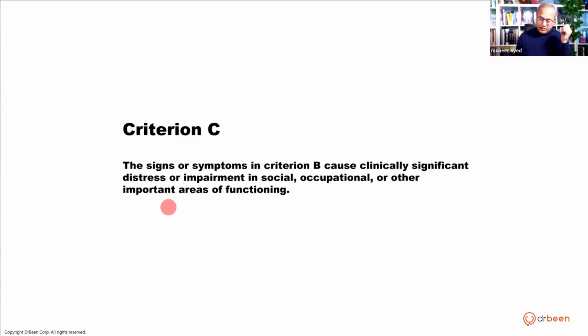Criterion C. The signs or symptoms in criterion B cause clinically significant distress or impairment in social, occupational, or other important areas of functioning. So if criterion B, in which we saw that list, is satisfied, and remember, for criterion B to be satisfied, criterion A has to be satisfied as well as a prerequisite, then we also have to have this satisfied.